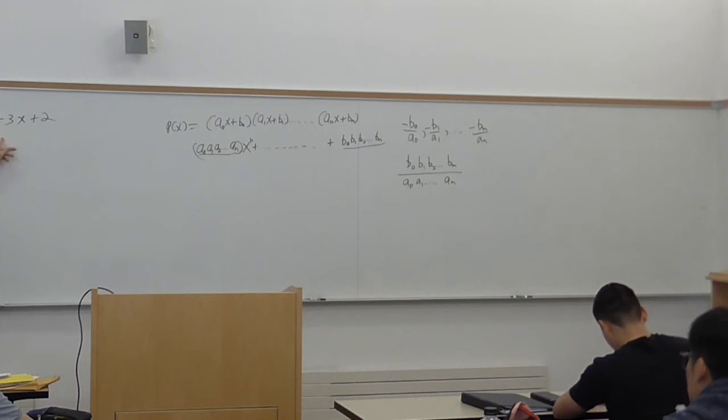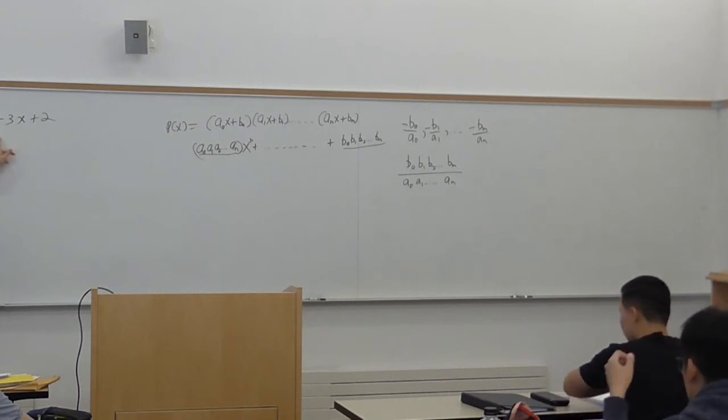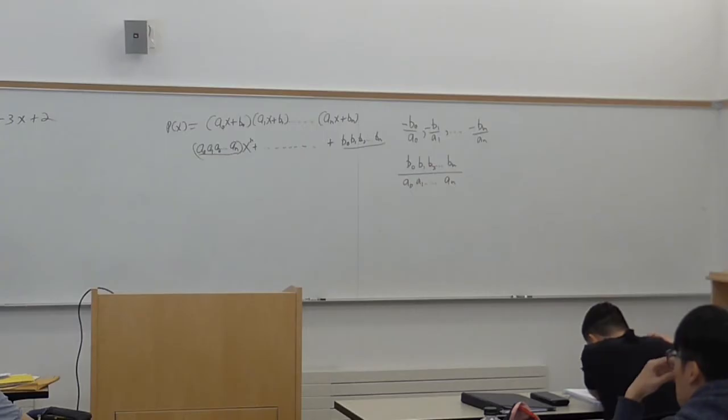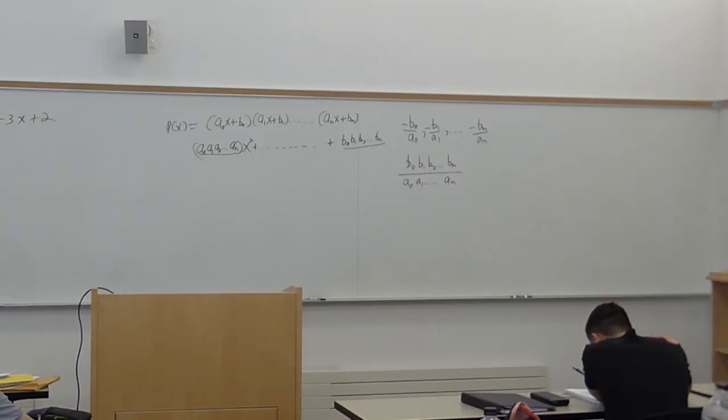Does anybody recall why I know this will have a real root? We talked about this a few days ago, maybe Monday, I'm not sure. How do I know that that has to have a real root? It can't all have imaginary or complex roots. Nobody remembers, okay.